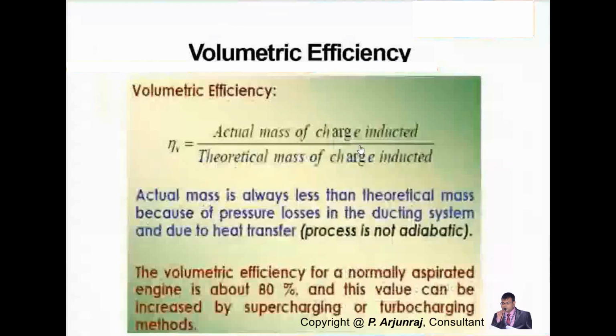You have seen the volumetric efficiency as the ratio between the actual mass of a charge which is injected into the cylinder to that of the theoretical mass of the charge. So the main objective of going for this turbocharger is to increase the mass flow rate of the air, which means the actual mass of charge gets increased, thereby the volumetric efficiency of the engine also gets increased.